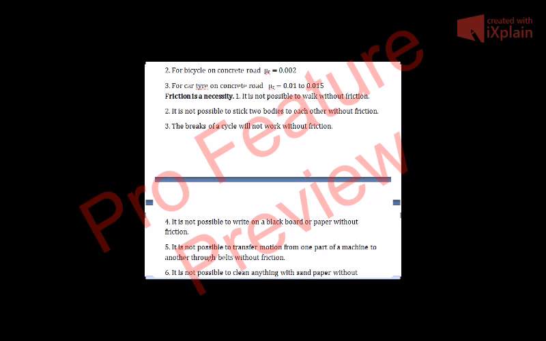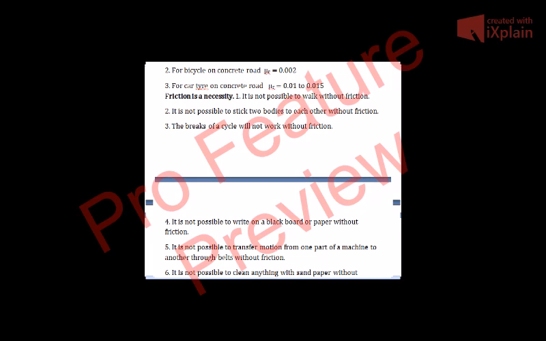It is not possible to transfer motion from one part of a machine to another through belts without friction. As you see in our villages or in our area, there are machines where you can see belts which transfer motion from one part of the machine to another part.